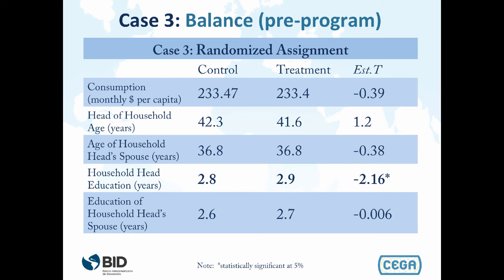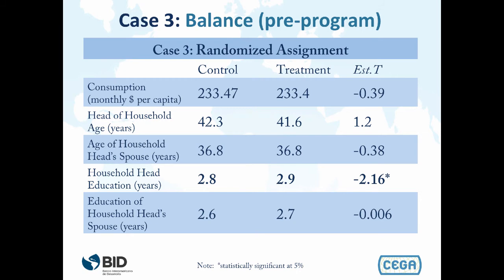Similarly, the head of household age in years, 42.3, 41.6. Age of the head spouse, 36.8 and 36.8. The last line, the education of the household head spouse, 2.6 and 2.7. That's not statistically different. The t-statistic is minus 0.006.